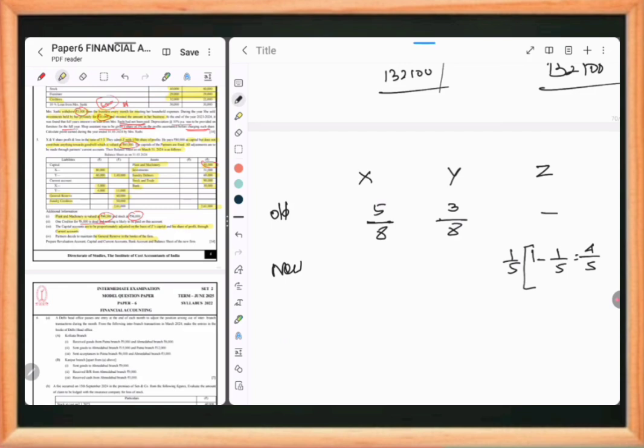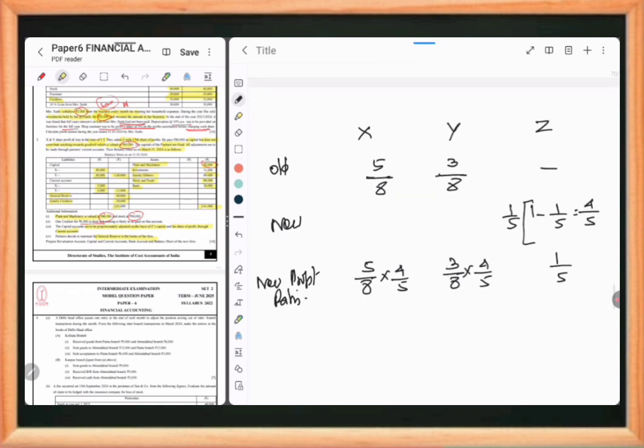So the new profit sharing ratio will be 5/8 into 4/5, it is for X; 3/8 into 4/5, it is for Y; Z as same, that is 1/5.